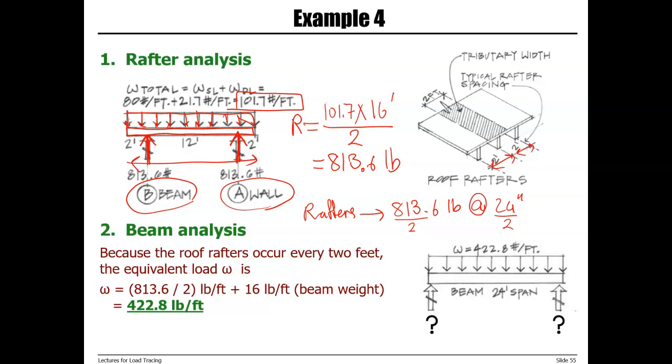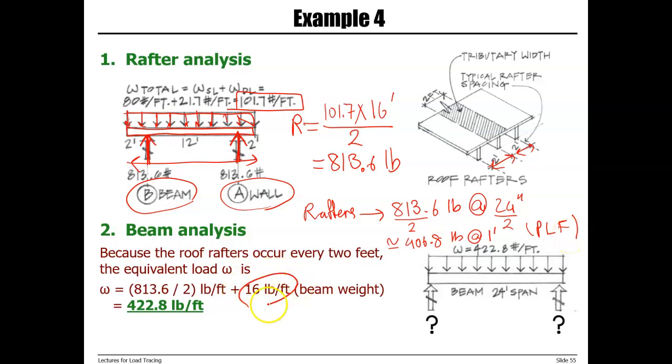So 813.6 divided by 2 is equivalent to 406.8 pounds at 1 foot from each other, which is PLF.